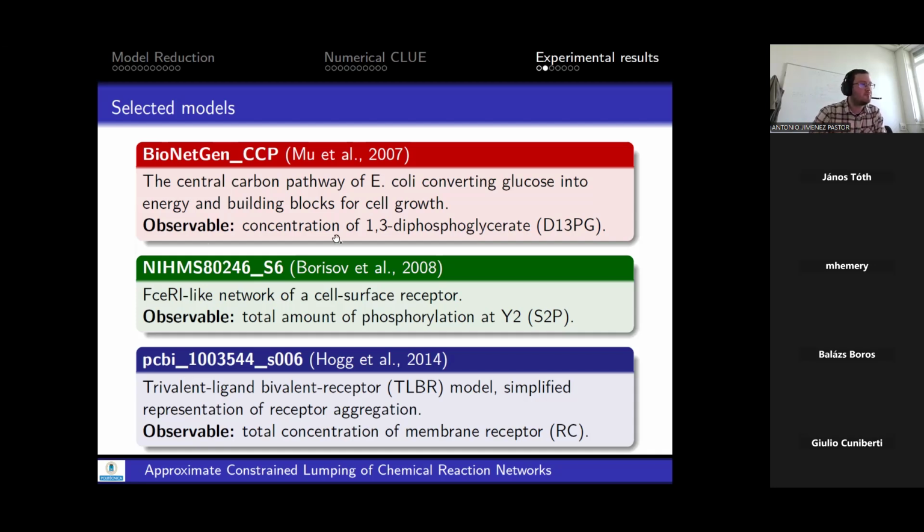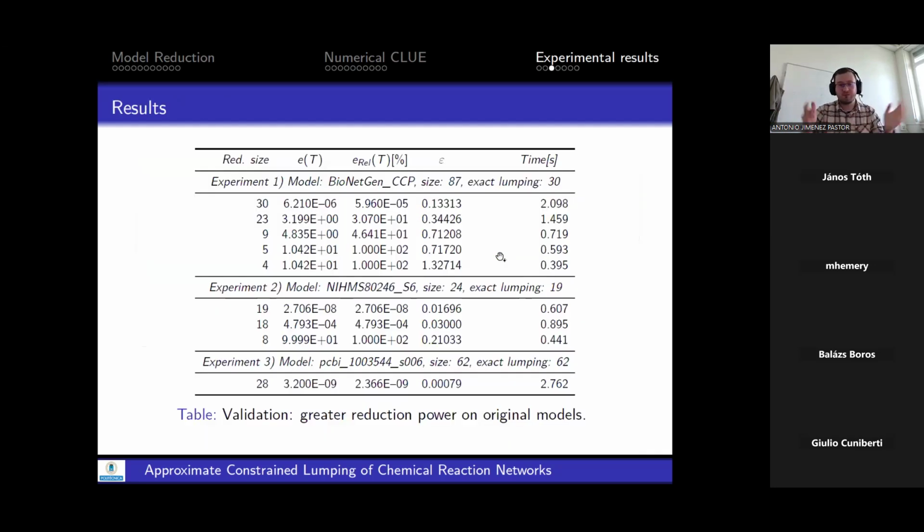So, for example, in the first paper, they really look into the concentration of this 1,3-diphosphoglycerate, that was called D13PG in their paper, and they look for this particular substance through some specific time. So in this paper we run numerical lumping for this particular observable, and we simulated until that time that was specified in the paper. So we were trying to actually do what they did, and we were measuring there the errors and so on. So, summary, big tables, we all love tables.